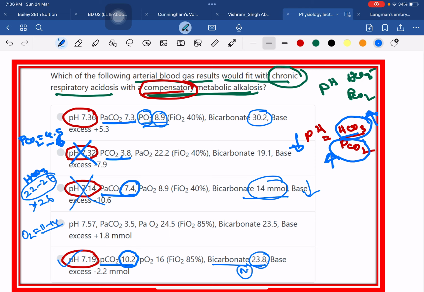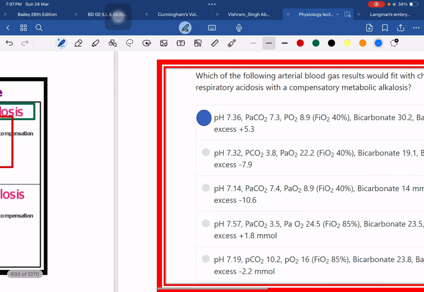And in the last option, the partial pressure of oxygen is normal or increased, so it will not be the option, because when the lung is compromised, acidosis develops, so the partial pressure of oxygen will reduce, and according to this equation, bicarbonate will increase. But in this option, bicarbonate is within the normal range, so it is not the answer. So finally our answer is the first option.